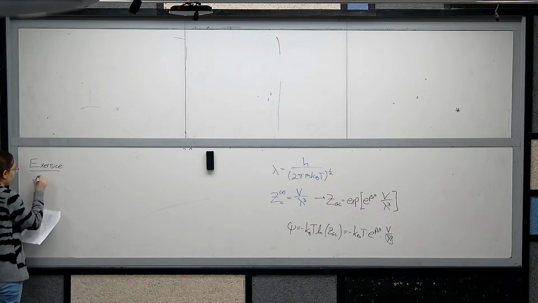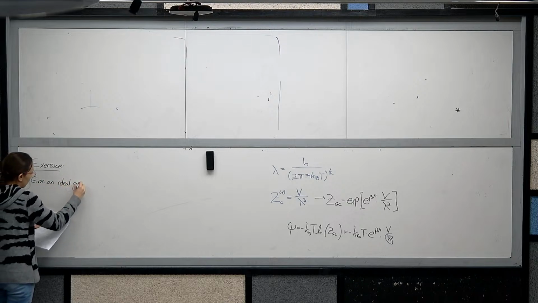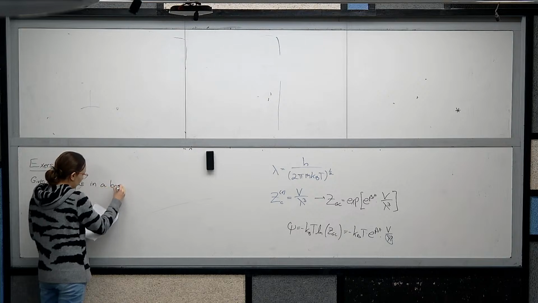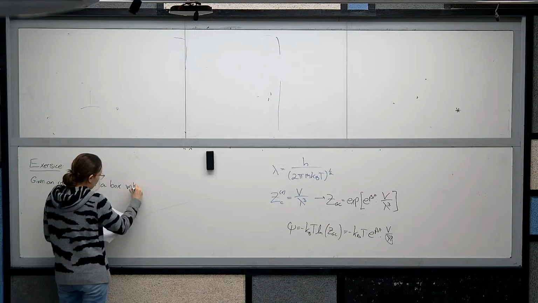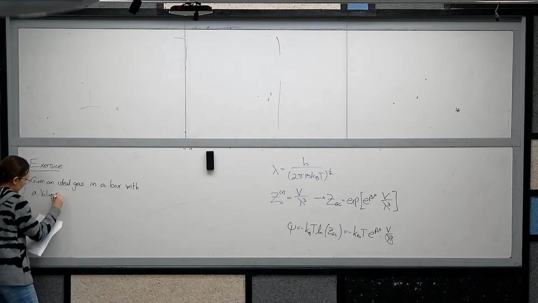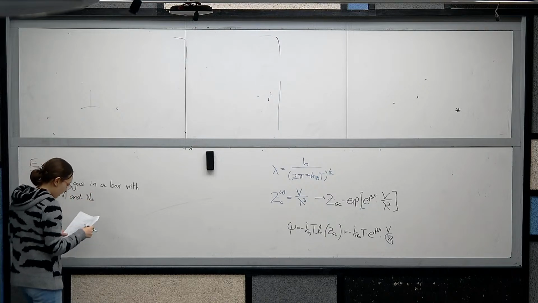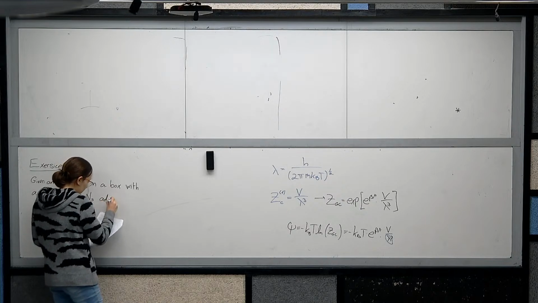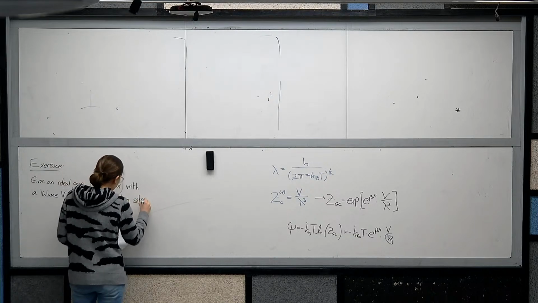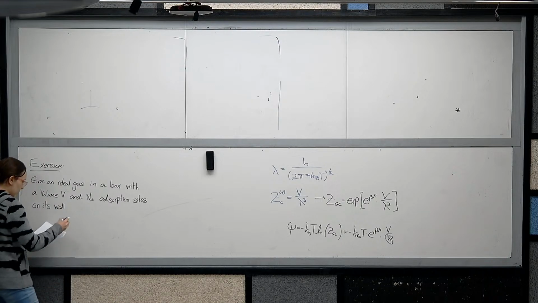Okay, so now we are given an ideal gas in a box with some NS adsorption sites on its wall.